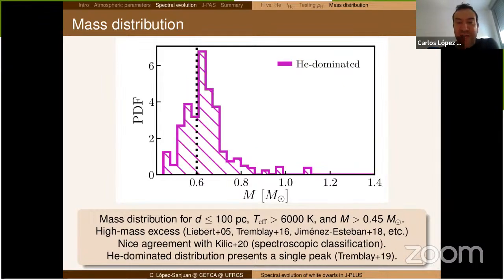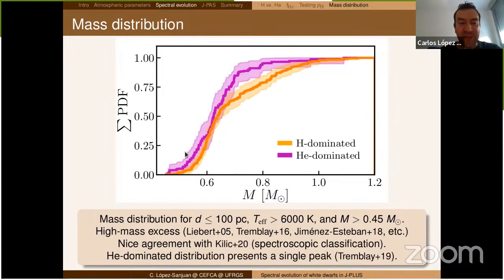Now we can go to the helium dominated, and what we found is that there is basically a main peak at 0.6, more or less, but that the excess at 0.8 is not present in helium dominated. This is more clearly seen if we compute the cumulative distributions. So the cumulative distributions are the colored lines, and the areas depict the 3 sigma confidence intervals.